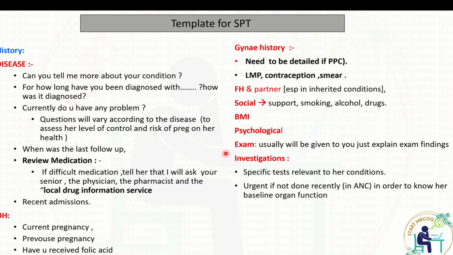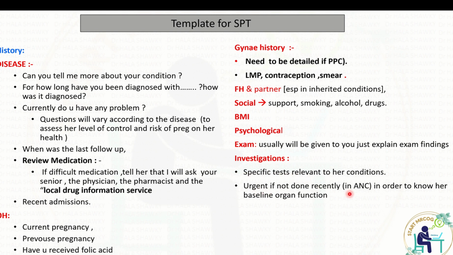Investigations, usually they may give you investigations in the scenario, so you have to interpret whether they give you results of booking bloods, ultrasound scan, MRI. Interpretation is a must. It is a part of the information gathering domain.